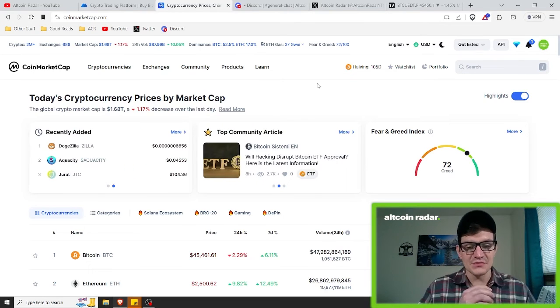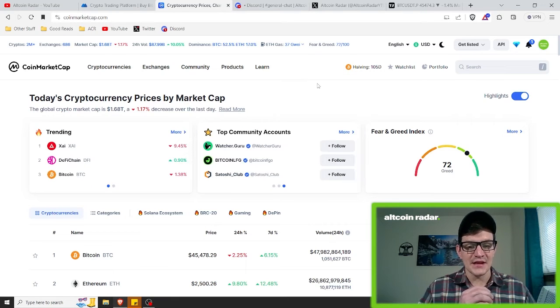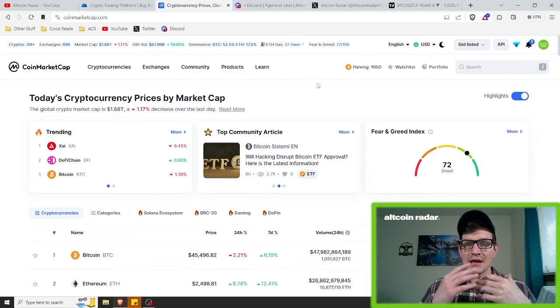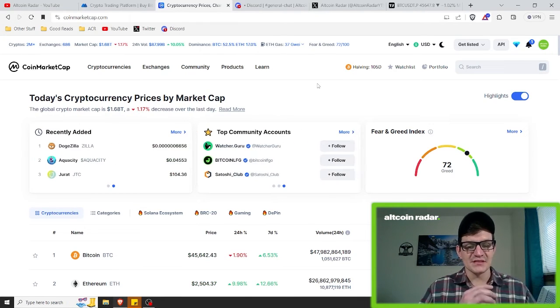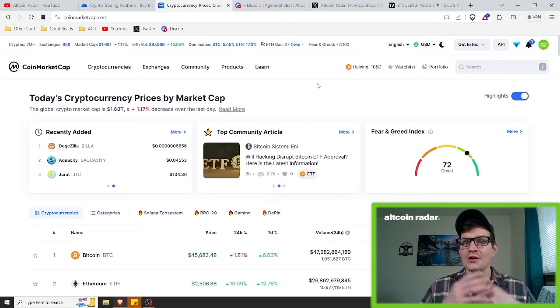And one of these tools they like to use is the RSI indicator, or relative strength index. But for those of you who are new to crypto trading, the RSI is basically a momentum indicator that measures the speed and change of price movements, and it oscillates between the levels of 0 and 100 and is typically used to identify overbought and oversold conditions as well.